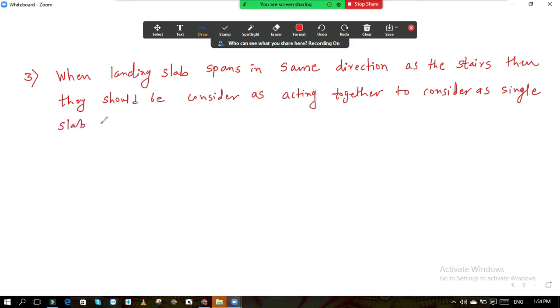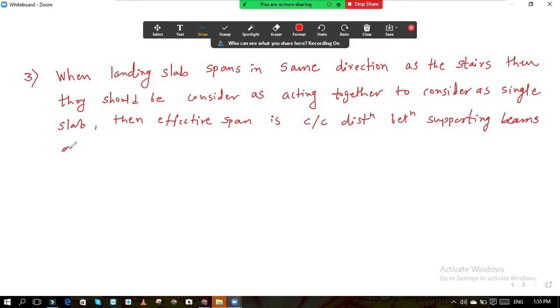Then the effective span is the center to center distance between the supporting beams or walls.